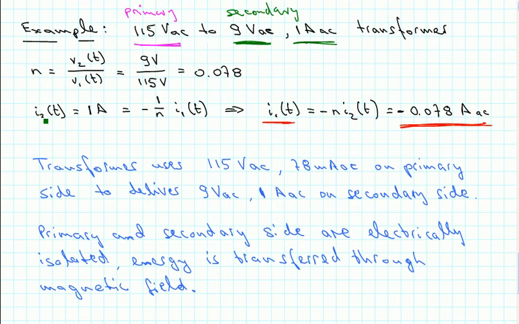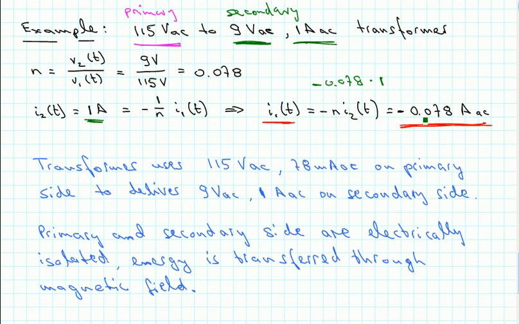And for the current, I2 of t we say is 1 amp, so that's equal to minus 1 over n times I1 of t. So that implies that I1 of t is minus n times I2 of t. So that's here minus 0.078, which is the turns ratio, times 1 amp, which is the current that it can deliver.